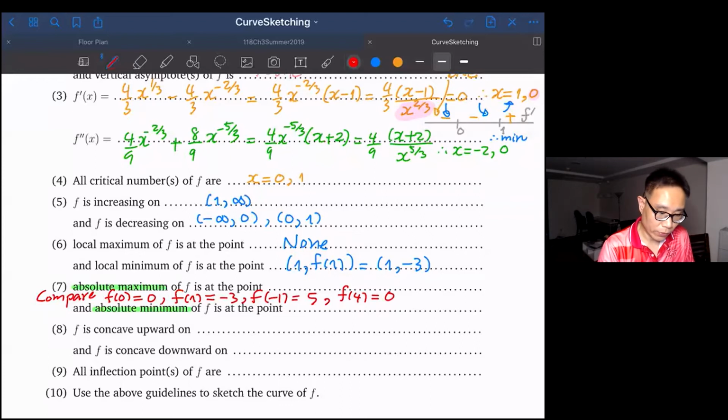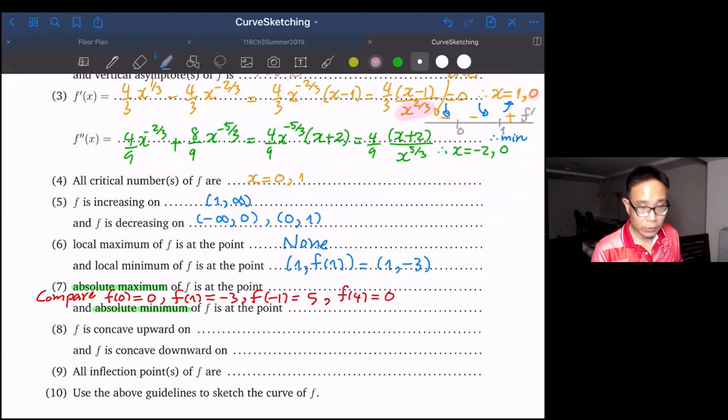Okay, so you compute f(0), f(1), f(-1), and f(4) in this one. Then you compare these four numbers to see which one is smallest and which one is highest.